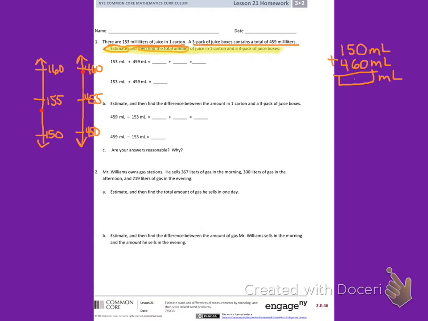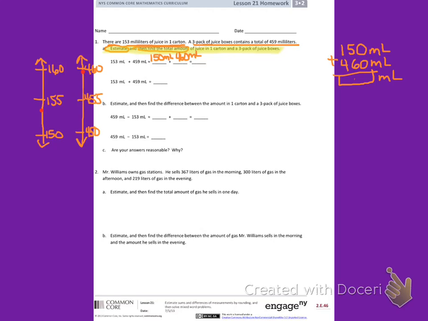I wrote it vertically like this, but when you record your answers, don't forget to write them on the line like this. The lines are kind of short, so you may need to write extra small, but make sure your teacher can read it.